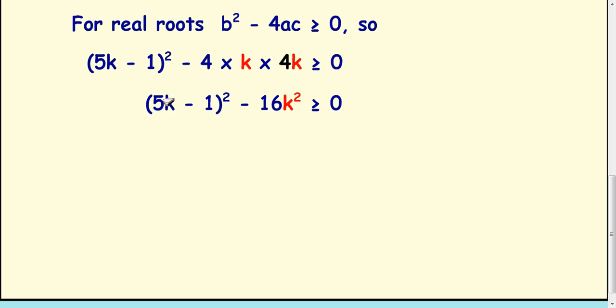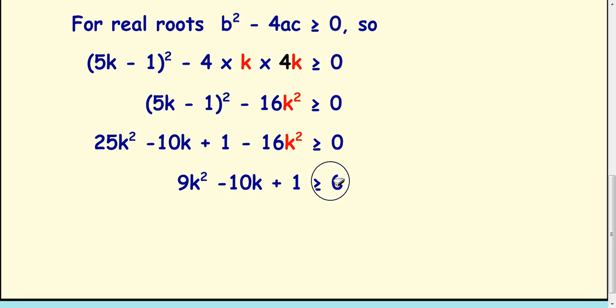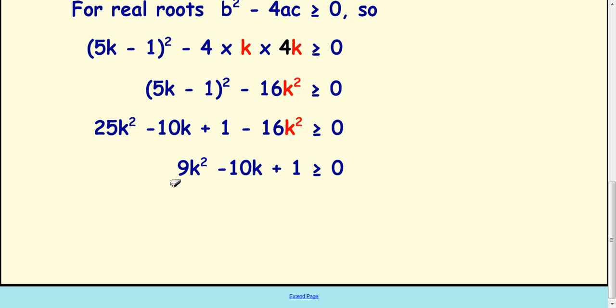Multiply the brackets out, so that's going to give us 25k squared minus 10k plus 1, take away 16k squared is greater than or equal to 0. And then you can take away the 16k squared from the 25k squared. And that will give you this. Put it into double brackets.